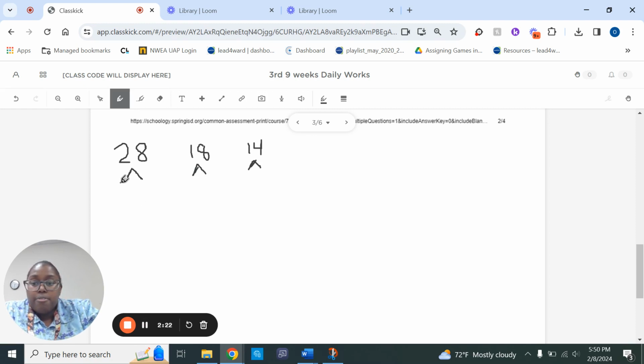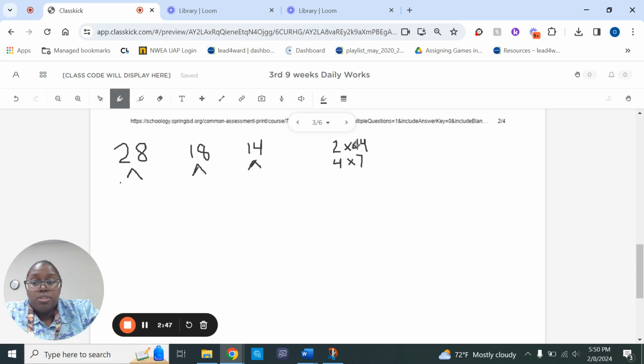So we have 28. There are a couple of different ways we can get 28. Now, a factor is when you need two numbers that you multiply to equal this. Well, you could do 2 times 14 and 4 times 7. You are not allowed to use 1.